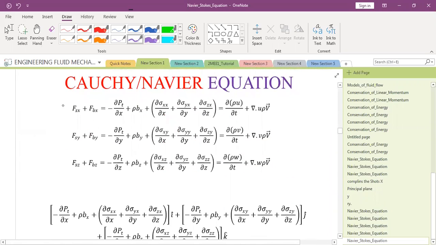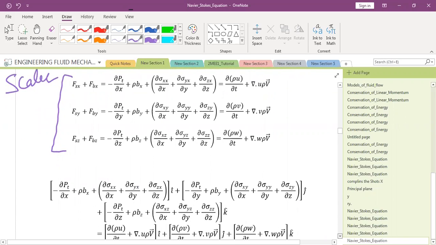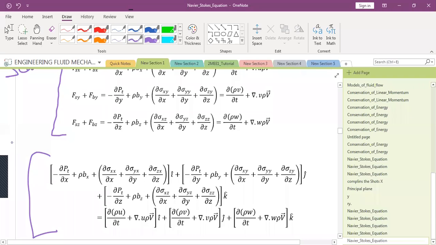So these are the final Cauchy-Navier equations. And these are called scalar equations because you are representing each component separately. If you want to write down a single equation, then this is the equation in vector form.